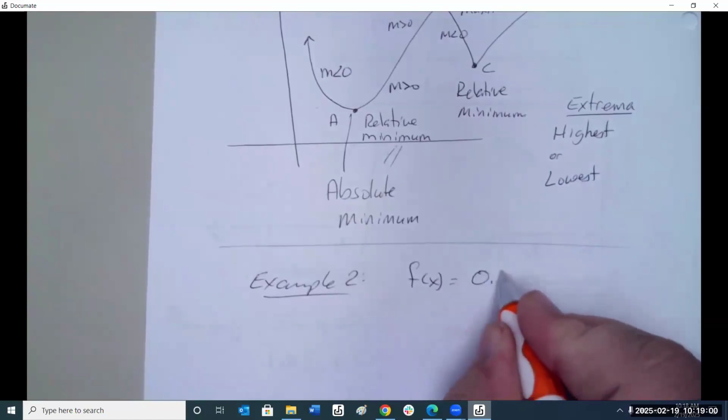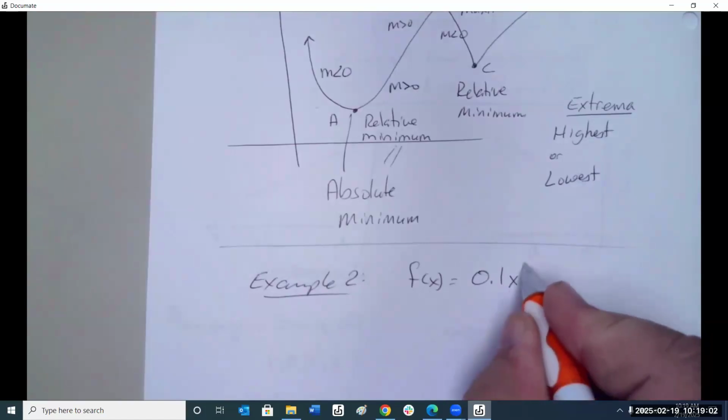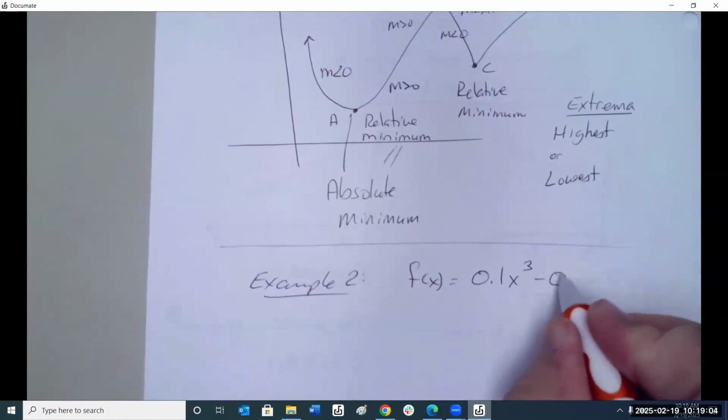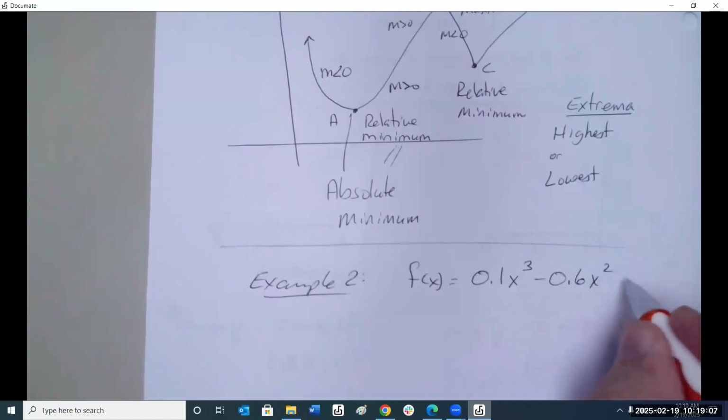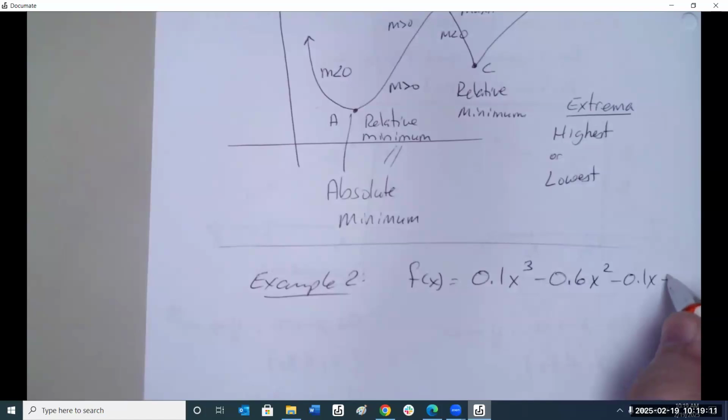Here's our function: 0.1 x cubed minus 0.6 x squared minus 0.1 x plus 2.